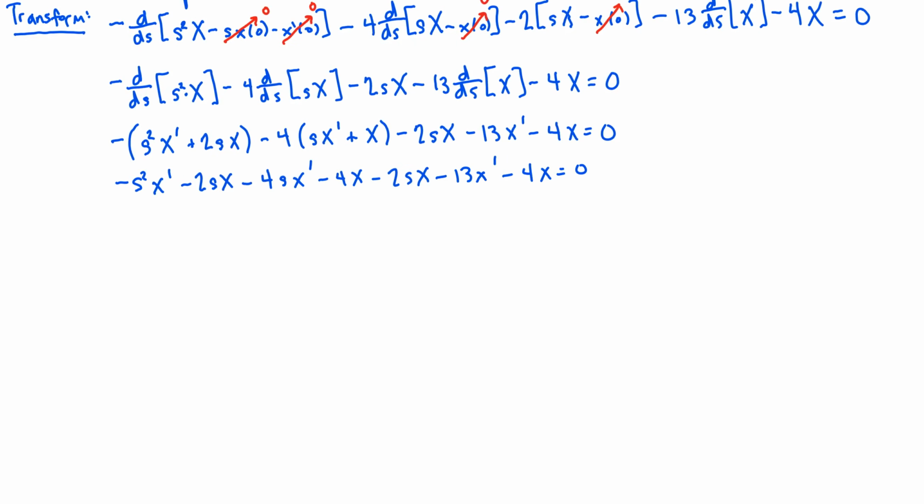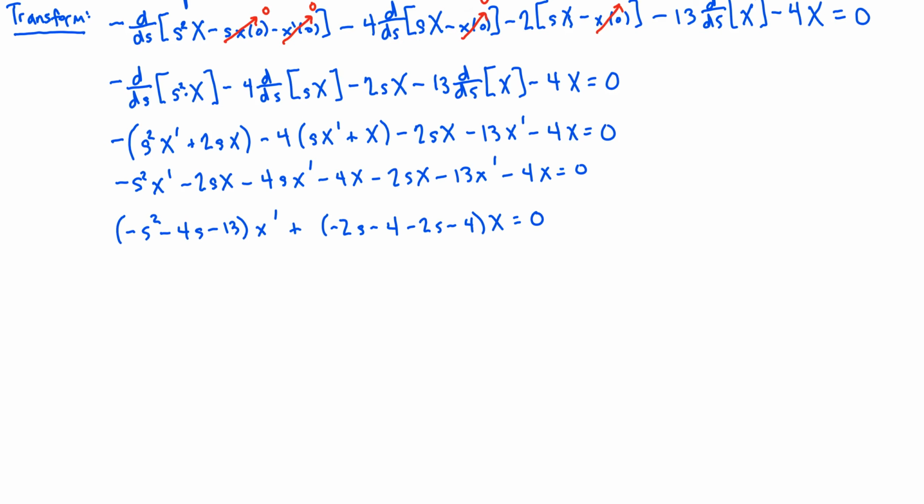So again, let's combine coefficients of our x prime terms. So coefficients of x prime include negative s squared minus 4s minus 13. And coefficients of x include negative 2s minus 4 minus another 2s minus 4 times x equals 0.